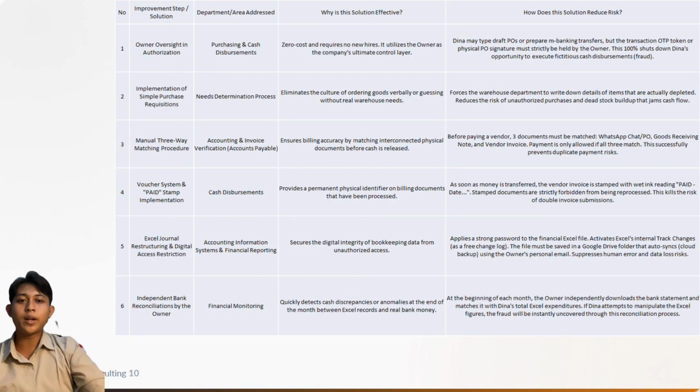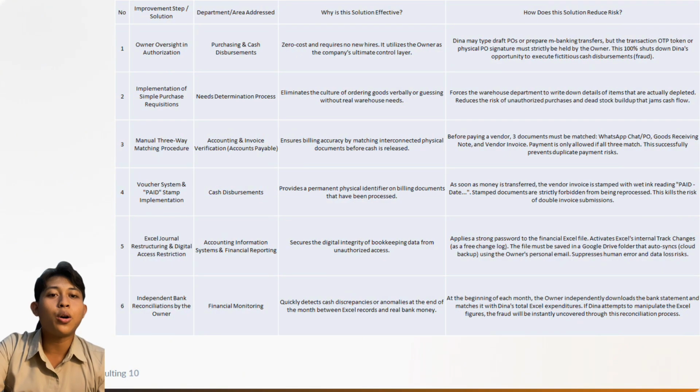The first one, owner oversight in authorization. Department or area addressed is purchasing and cash disbursement. Why is this solution effective? Because there is zero cost and it requires no new hire. It utilizes the owner as the company's ultimate control layer. And how does this solution reduce risk?